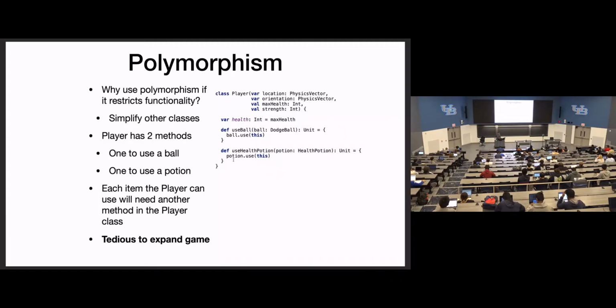So why use this? Let's take a look at our player class and make an observation here. Oh, I missed one. That should say dodgeball. We have these two methods which are almost identical. They take either a dodgeball or a health potion, and they just defer functionality to that dodgeball or health potion with the exact same signature, the exact same call, the exact same code here.